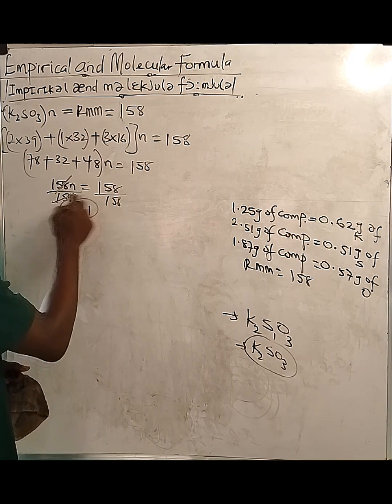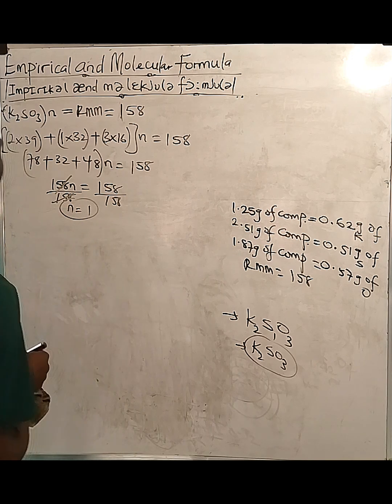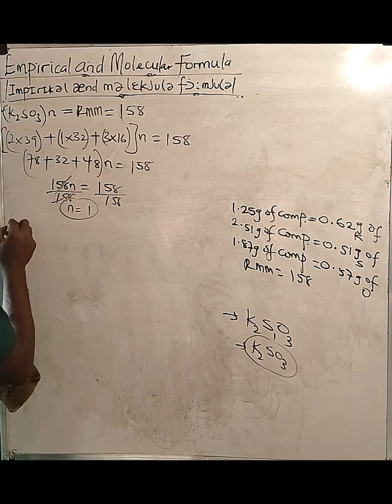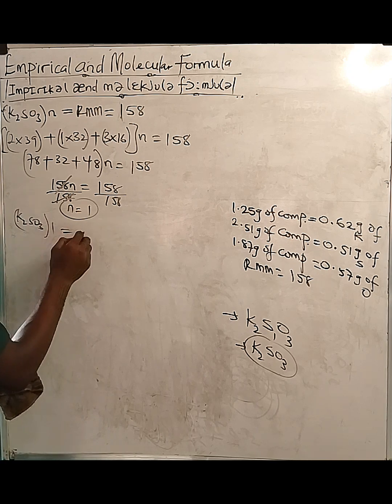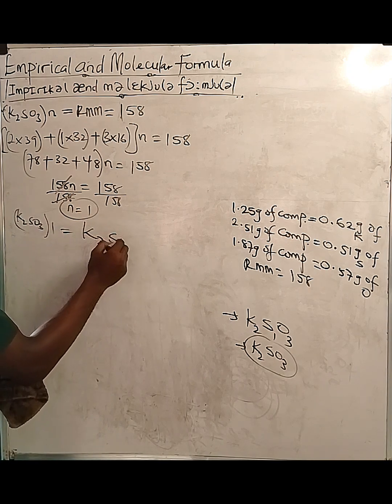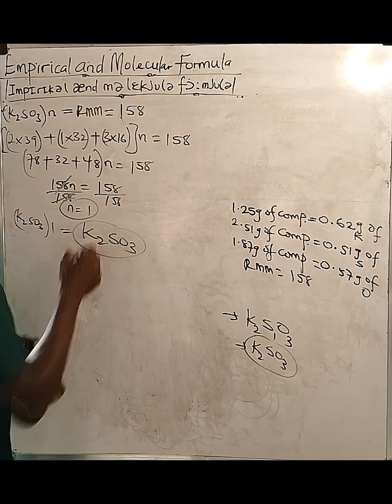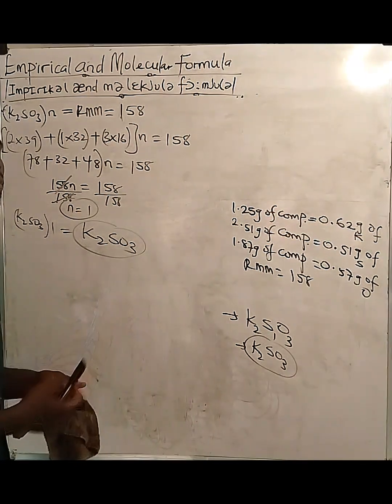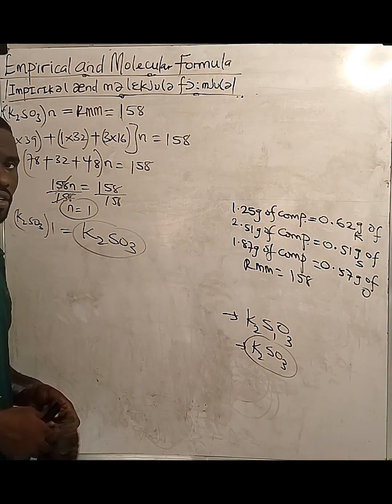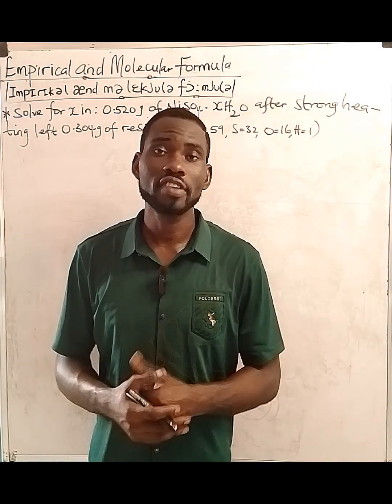So n, the number of atoms, is 1. So when we use the 1 to multiply this, K2SO3 times 1 gives us K2SO3. So we have the same molecular formula as the empirical formula. As easy as that.